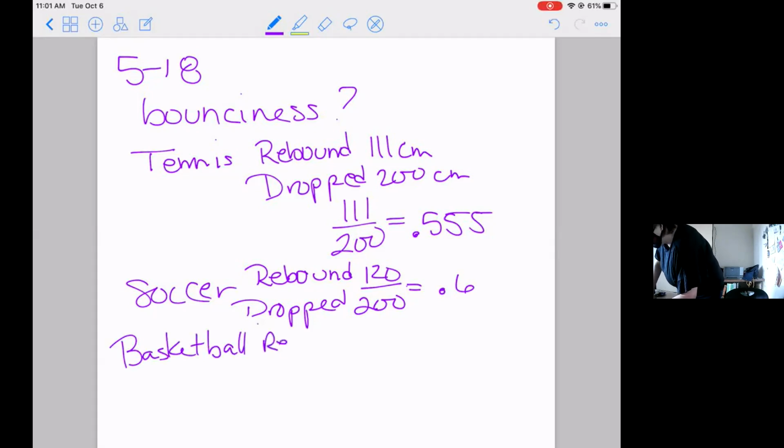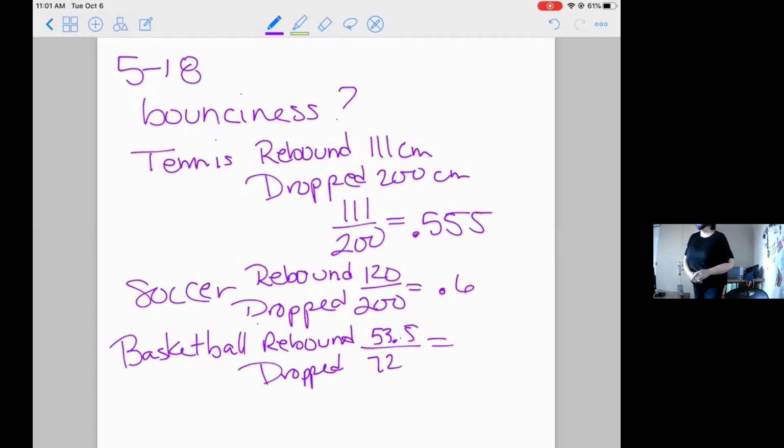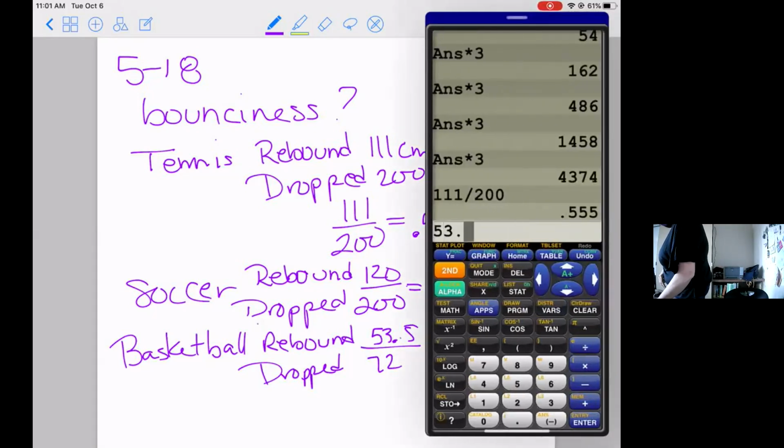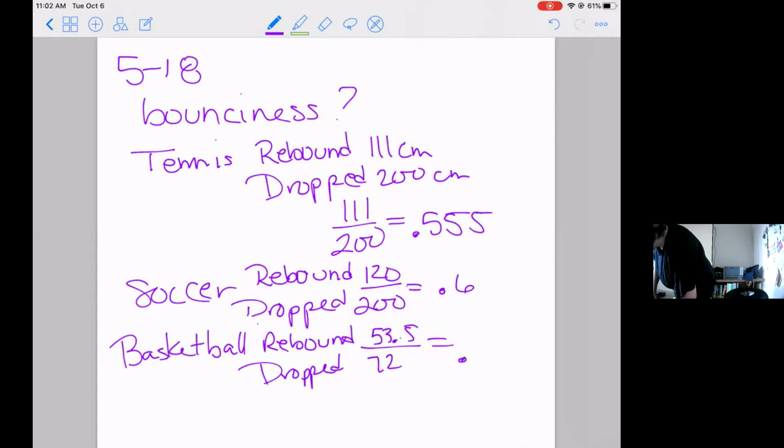How about a basketball? Its rebound is 53.5 when it is dropped from 72. So we're going to do the same thing. 0.74. So the basketball's bouncier, isn't it? Would you believe that of the three, the basketball is pretty bouncy?